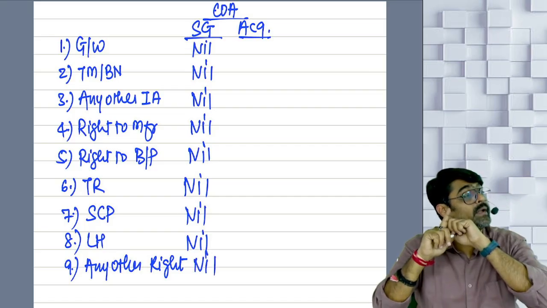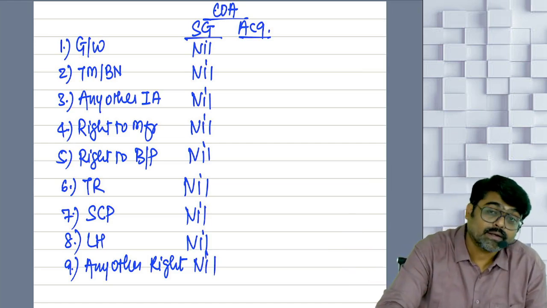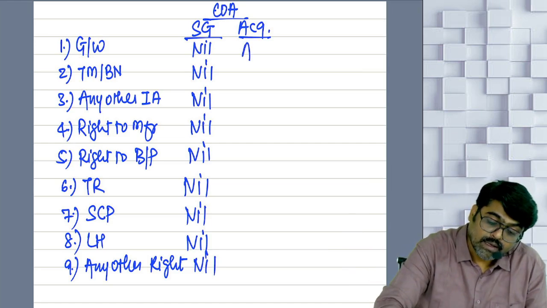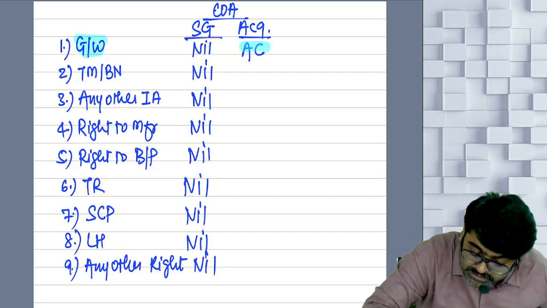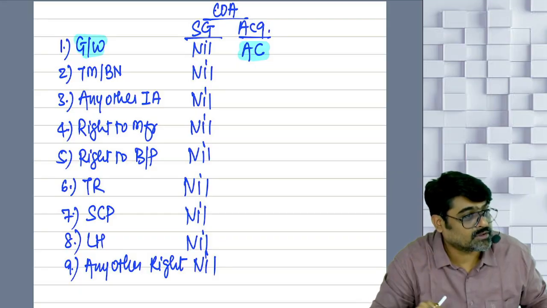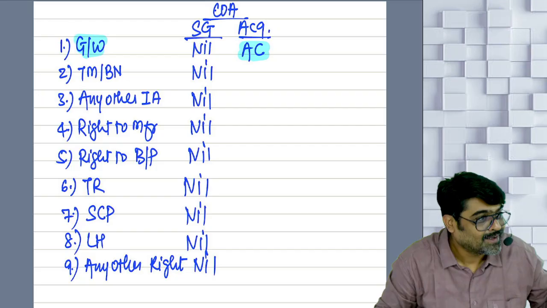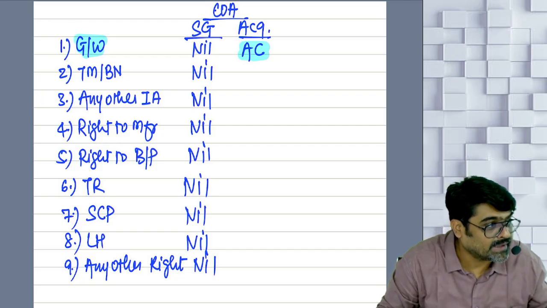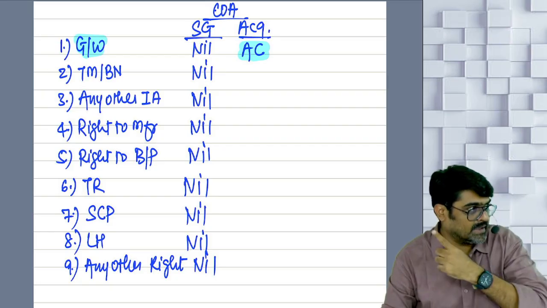Cost of acquisition will be taken as nil if they are self-generated. What about if they are acquired then? Actual cost. But wait. Their actual cost will be taken as cost of acquisition only if they are acquired on or after 1st April 2001. Otherwise WDV as on 1st April 2020 or 31st March 20. Yes or no? Be careful in that.